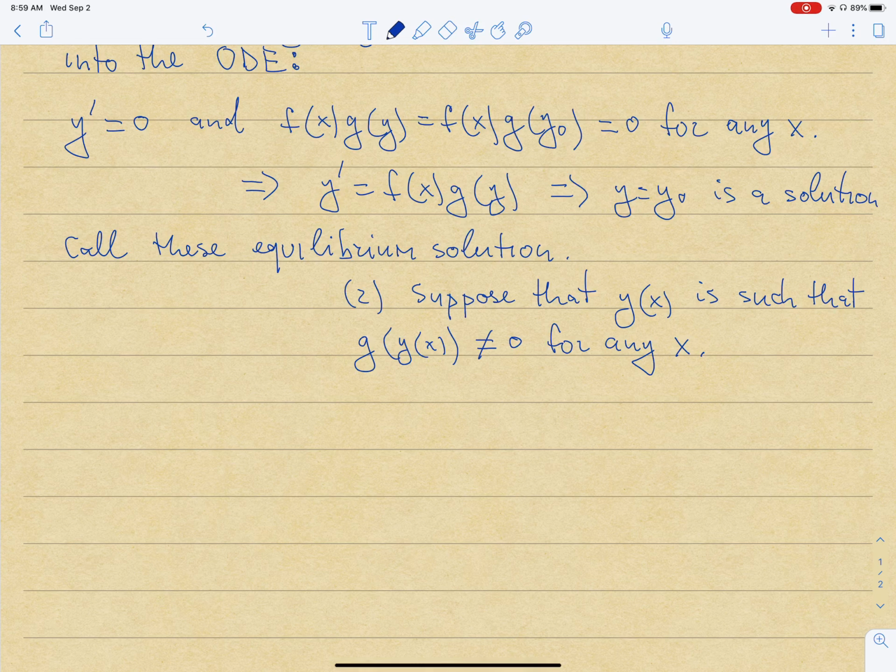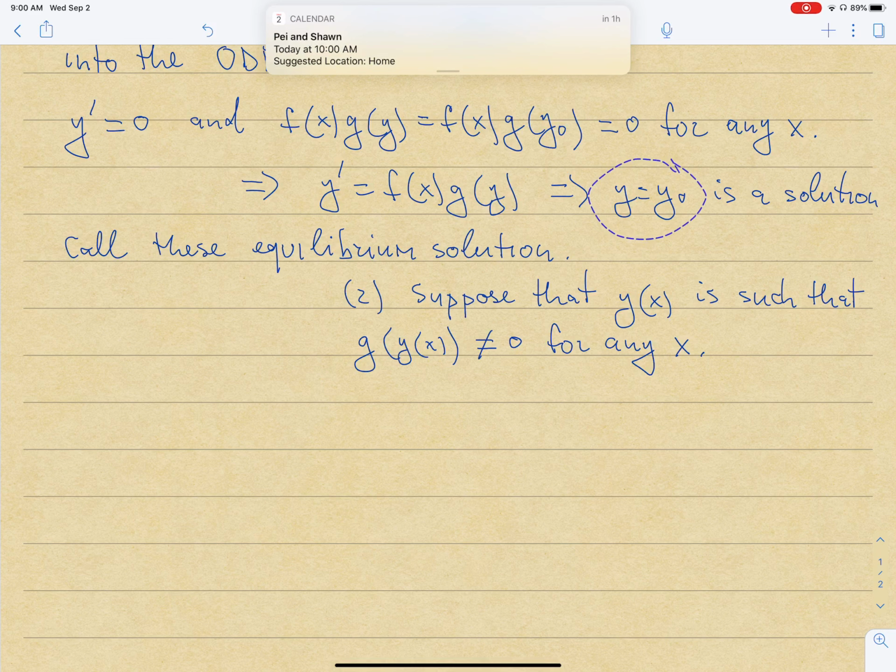Okay, so that means that in particular the graph of y of x does not intersect any of these equilibrium solutions that I discussed in the previous item.